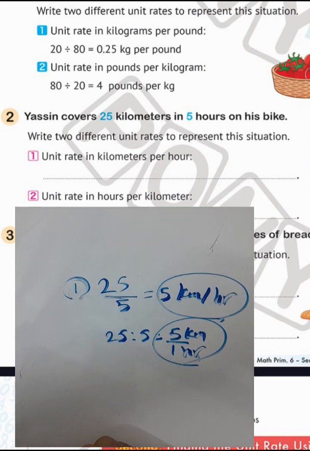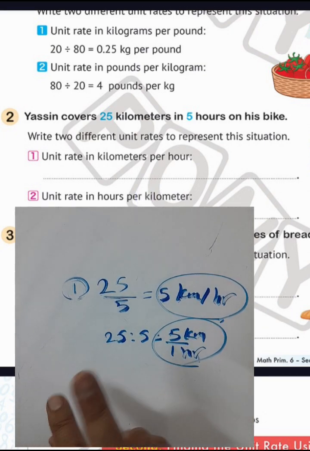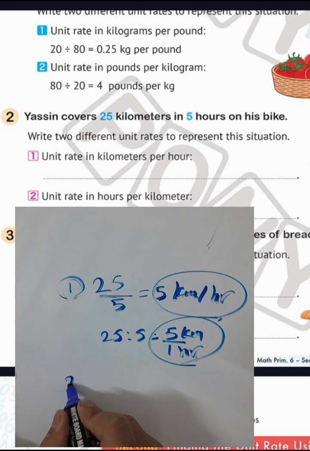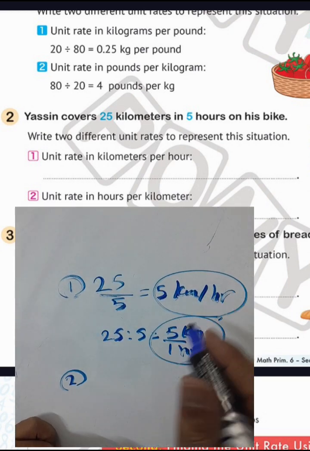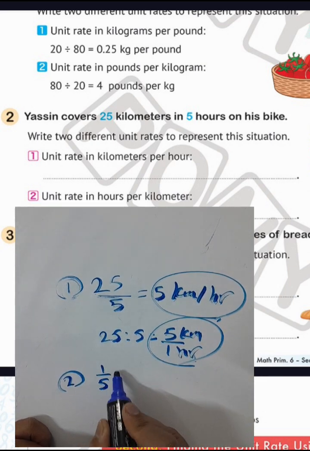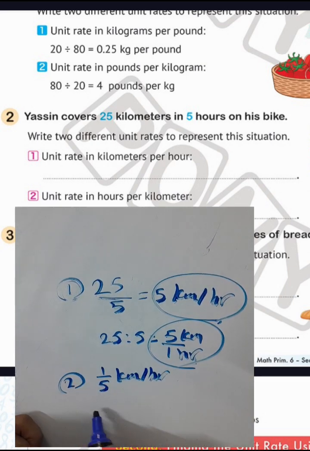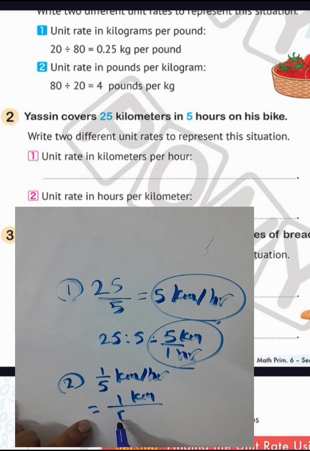Question number 2, unit rate in hours per kilometer. We can write the rate in hours per kilometer. Write the inverse: 1 over 5 kilometers per hour, or 1 hour per 5 kilometers.